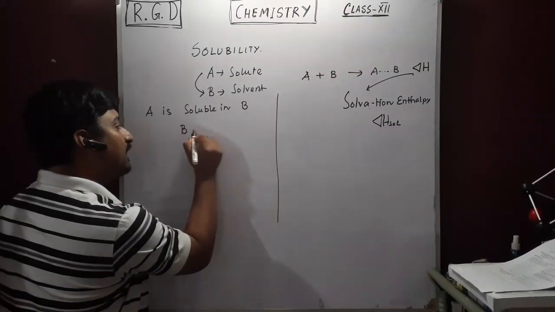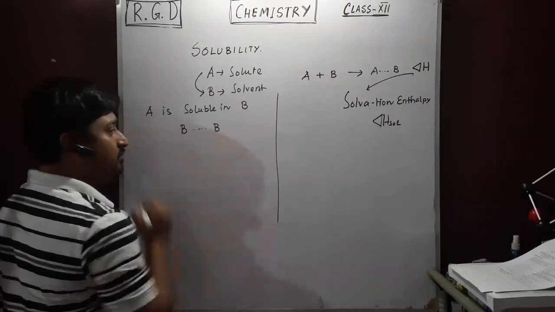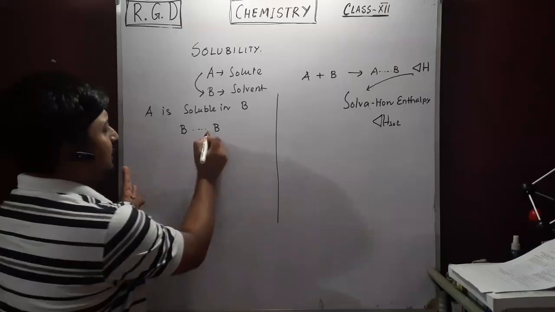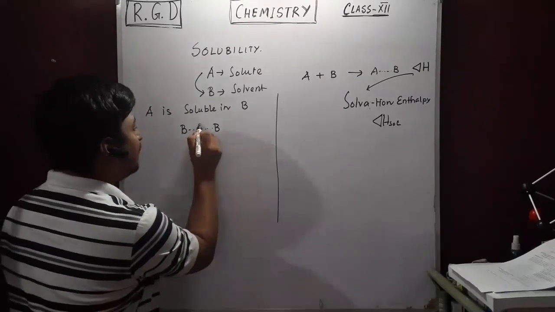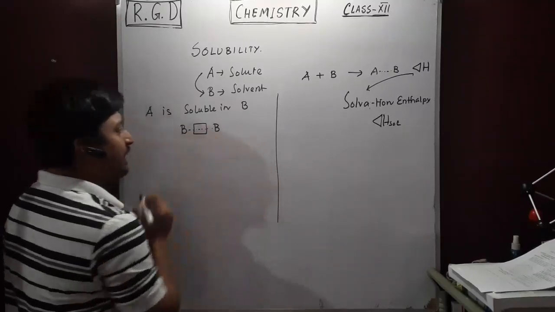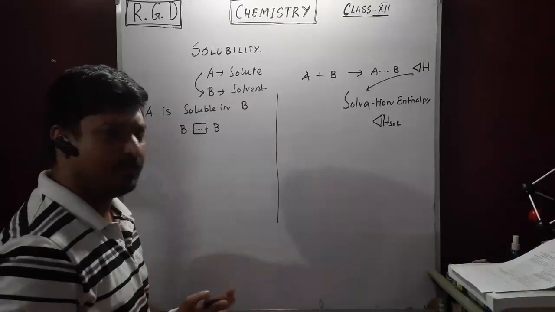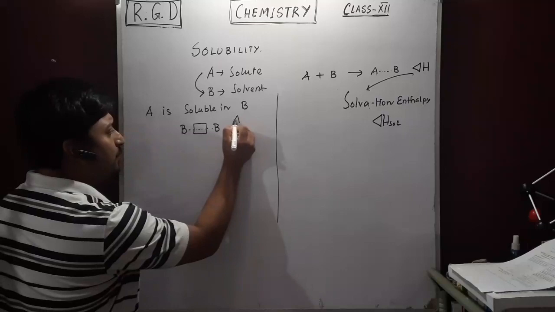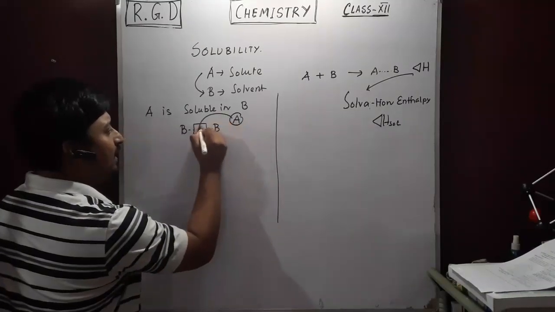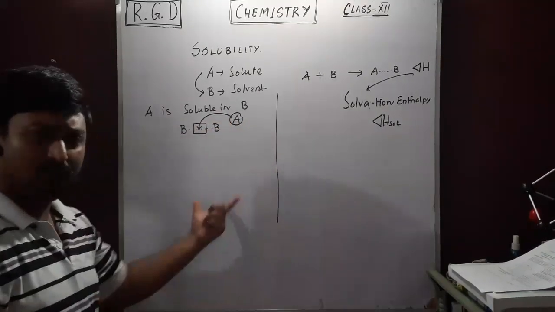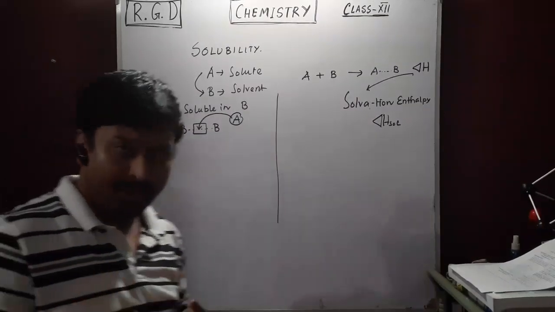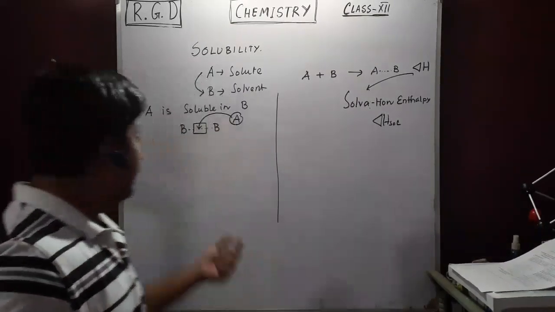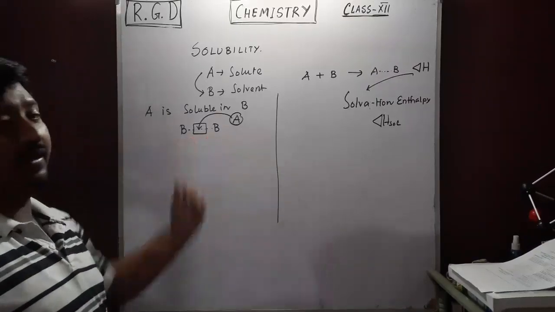Basically, in case of B, you have this kind of interactions, and in between these, let's say, there is one space. Now, in this space, A can come and sit. So a particular amount of A will come and join in here.